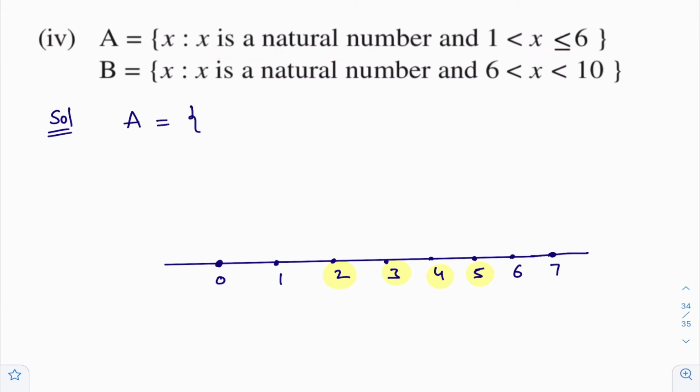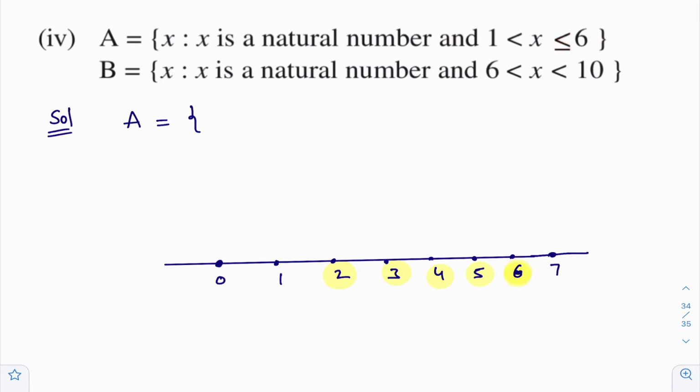In the last exercise we learned about intervals. When they give less than or equal to, that means the 6 is also included. I hope you are understanding. So the natural numbers in between 1 and 6 are 2, 3, 4, 5. As they given less than or equal to, we will include 6 also.